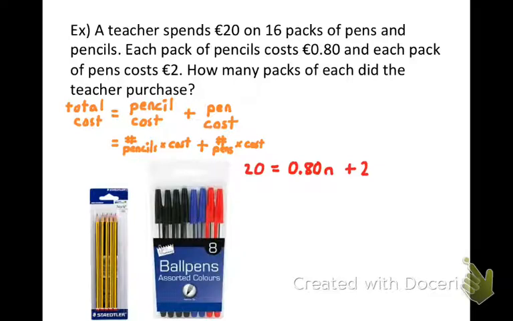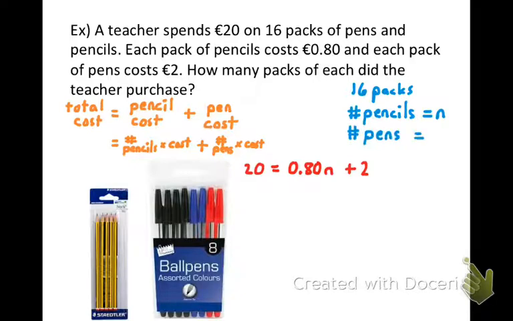Now, I don't want to use an N to represent the number of pencils and an N to represent the number of pens if they're not the same thing. So there's one more relationship here that we have to pay attention to. Remember that there are 16 packs of pencils and pens that were purchased. And we're saying that the number of pencil packs purchased is N. So how could we express the number of pens without using a different variable other than N?